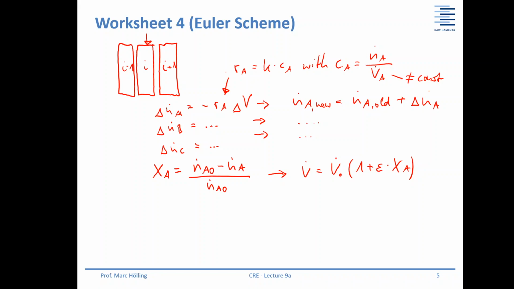You also have to find your choice of delta V. If you say delta V should be 1 cubic meter, maybe this is too big. If you say it should be 1 liter, maybe this is too small. So you have to find a suitable choice of delta V. And then you can do it with Excel or you can do it with MATLAB.